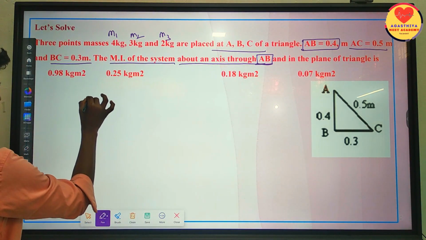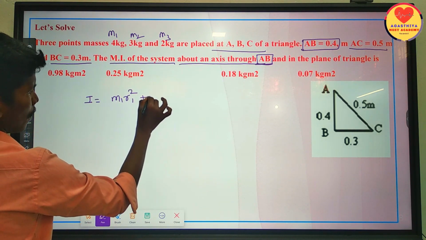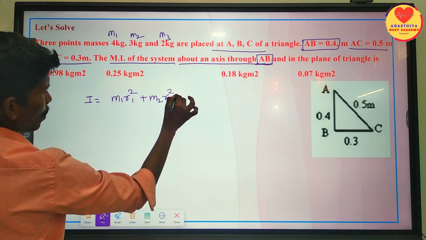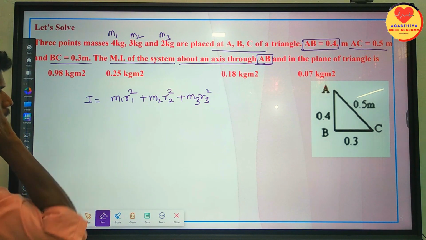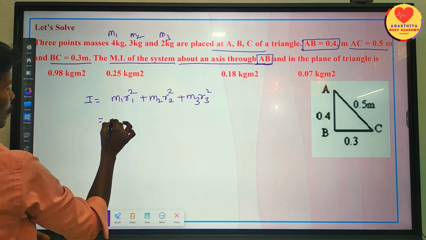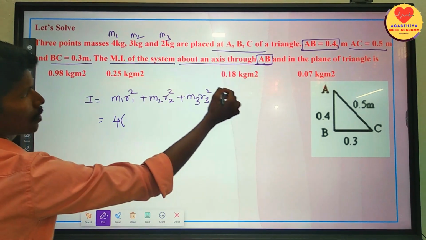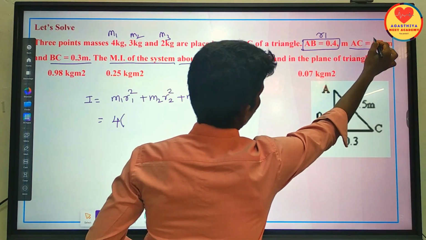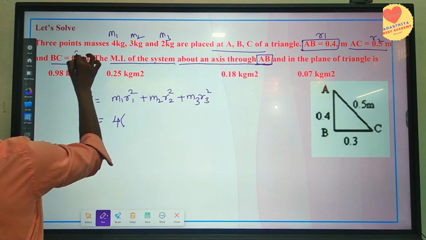Now, moment of inertia, that is I equal to m1 r1 square plus m2 r2 square plus m3 r3 square. Now, what is the first mass? That is 4. And what is the distance? This is r1, this is r2, this is r3.